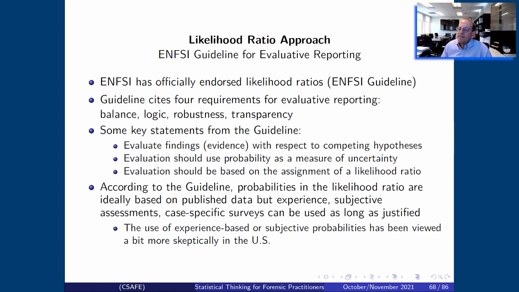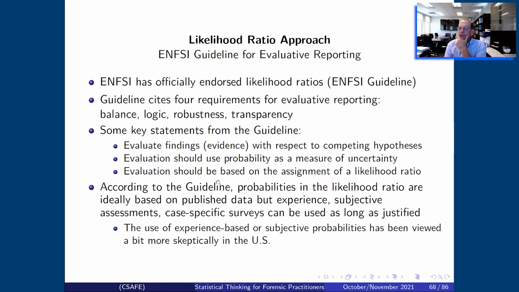The Europeans have, as you know, officially endorsed likelihood ratios. I'm not going to go through in detail what they say. They like them. I draw your attention to the last major bullet here, which according to their guideline says, ideally the probabilities would come from data, as we did with DNA and glass, but sometimes experience and subjective assessments are okay.